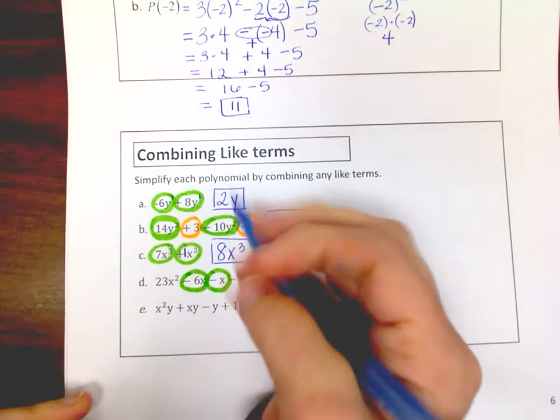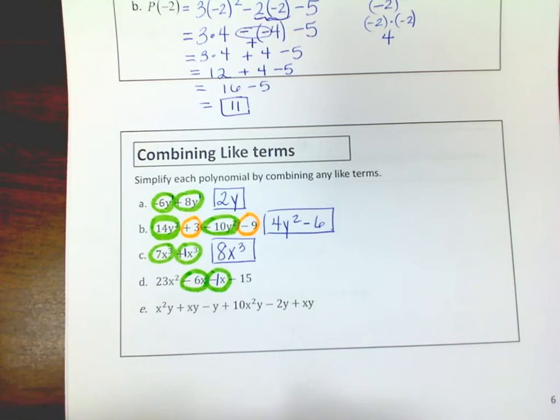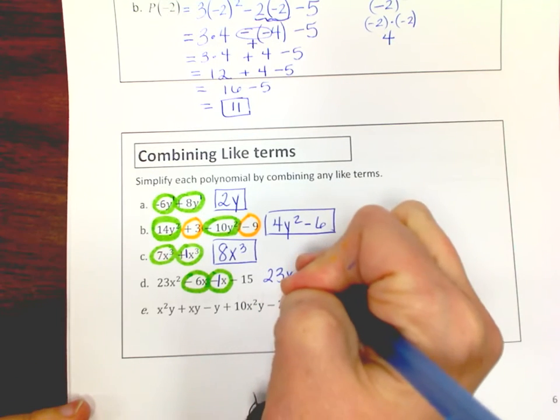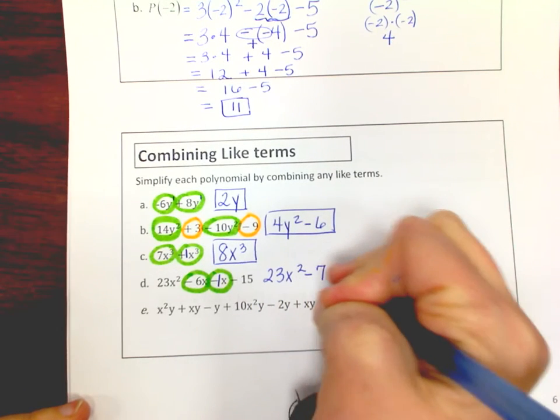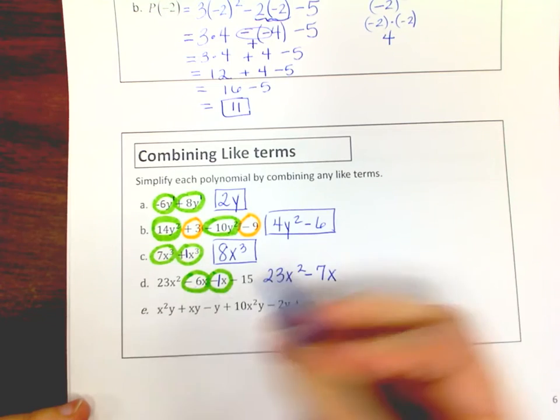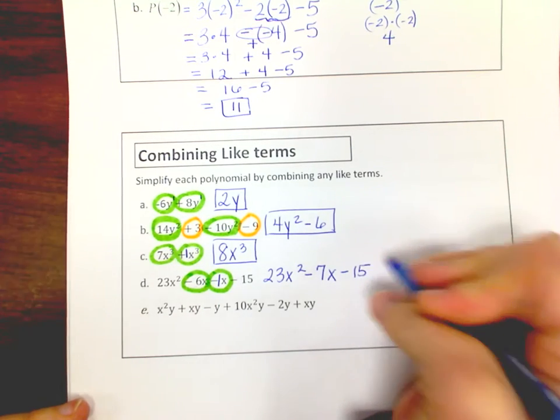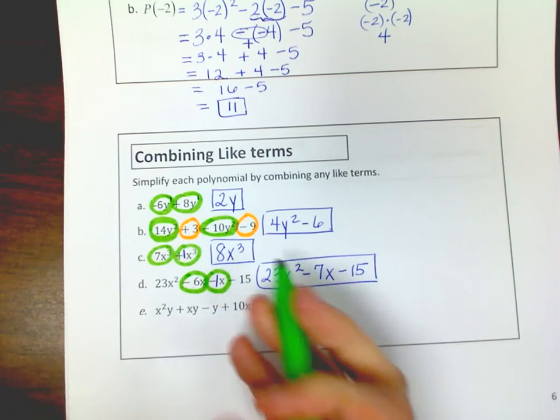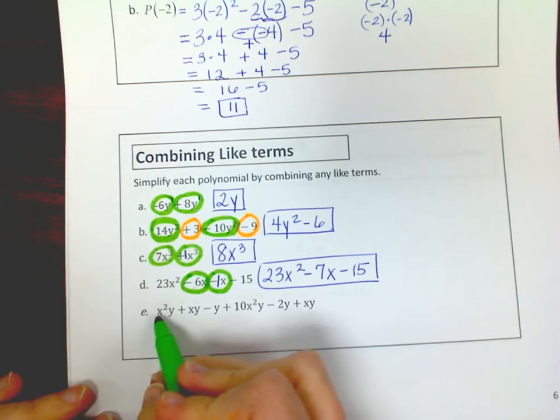Okay, looking at part D, the like terms we have here are the negative 6x and this negative x, and you might want to again remember that the coefficient of that x is actually a negative 1. So when you join those together, we have 23x squared minus 7x squared minus 15. Okay, and then this last polynomial, right here we have an x squared y.